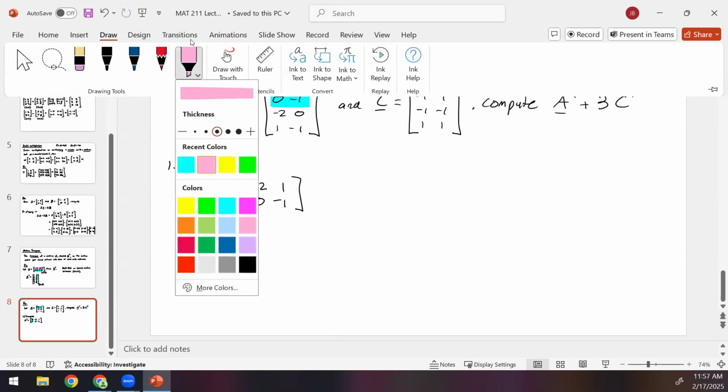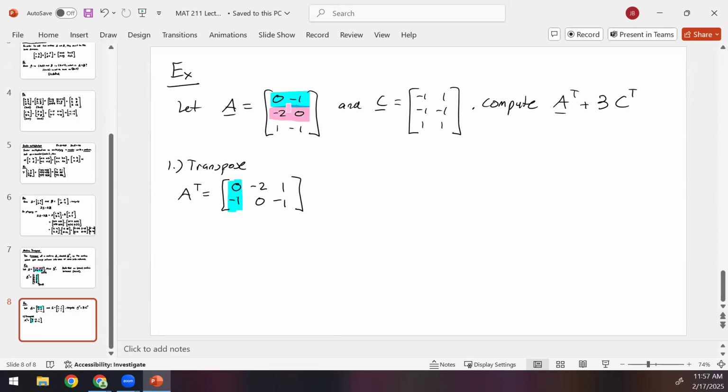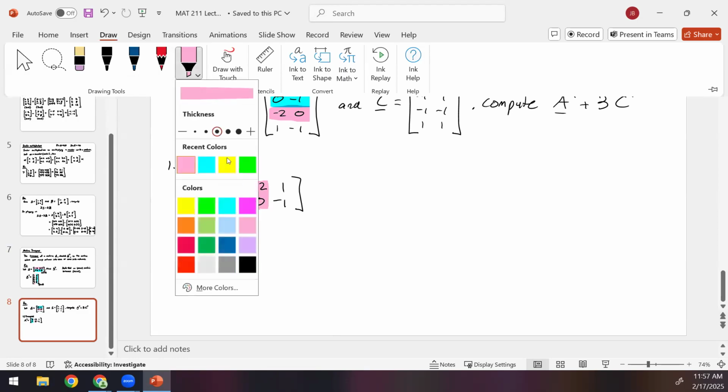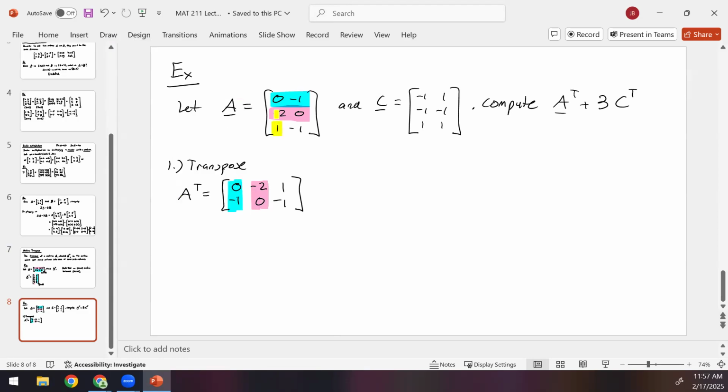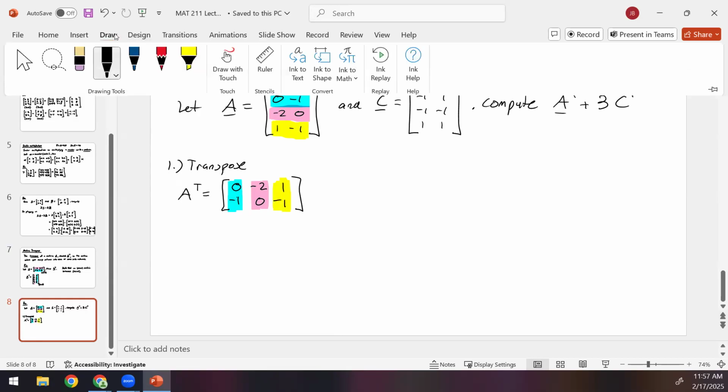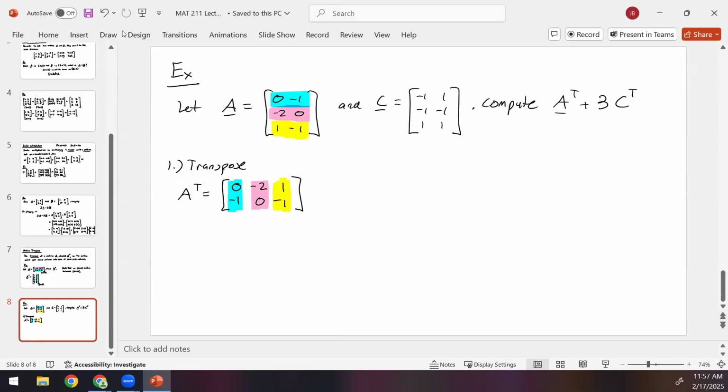So if you're watching this, I really recommend that you actually write it out and not just look at it, because the only way you train your brain to get better at these is by actually writing them out. That's the key thing about matrices: they look easy sometimes, but the muscle memory of doing it is just as important, if not more important, than actually understanding what you're doing.